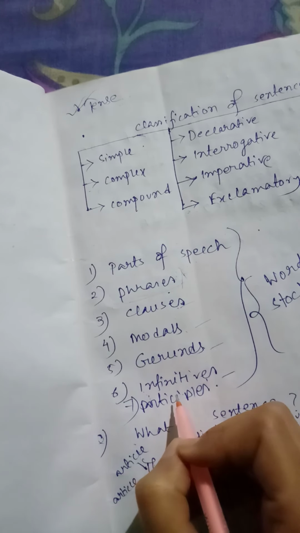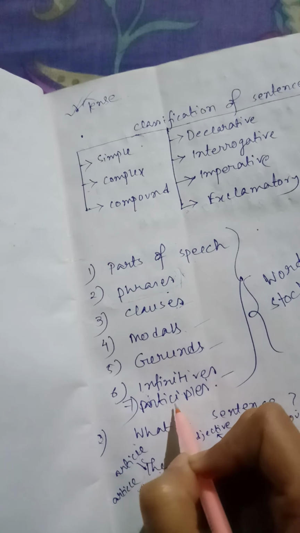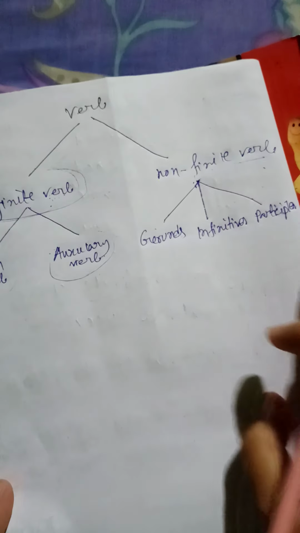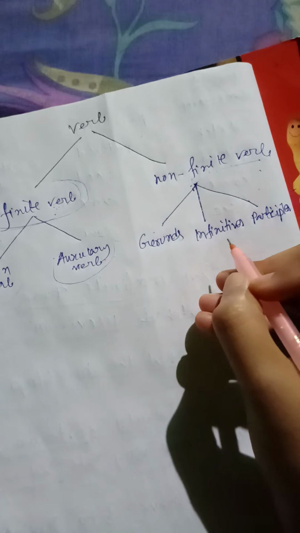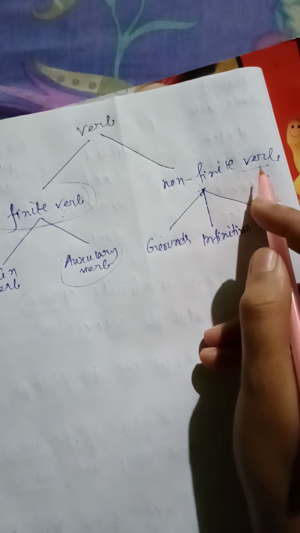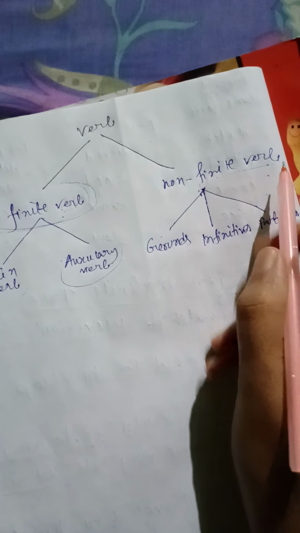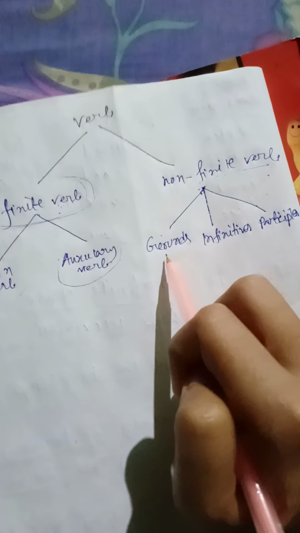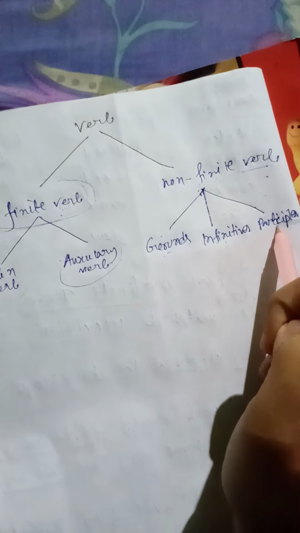When I discuss these things, then I will make non-finite verb clear to you. Now just know this thing, that non-finite verb will not show the tense of a sentence, and it is divided into three parts: gerunds, infinitives, and participles.